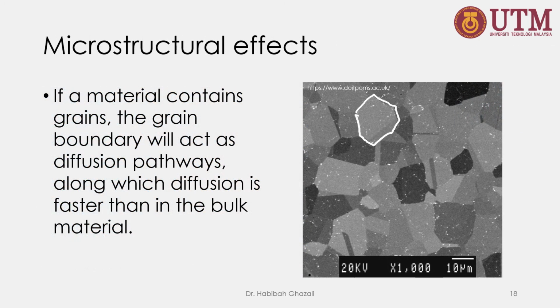Microstructure can also affect how atoms diffuse into materials. A polycrystalline material contains different grains. The grain boundary in these materials will act as a diffusion pathway along which diffusion is faster than in the bulk material.